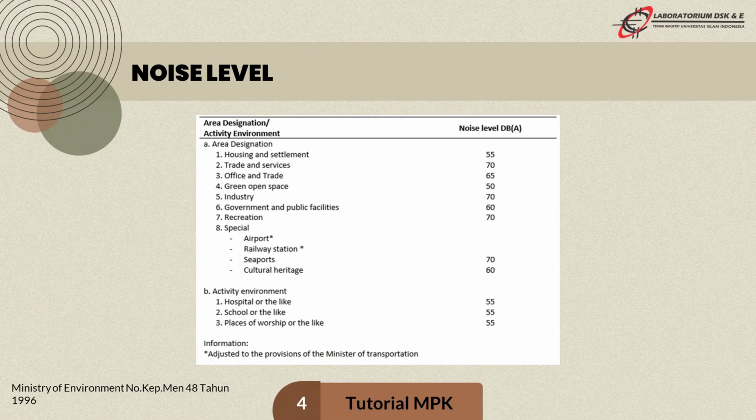So there is a standard noise level according to Kementerian Lingkungan Hidup Republik Indonesia based on the type of area and environmental activities that you can see on your screen like this.